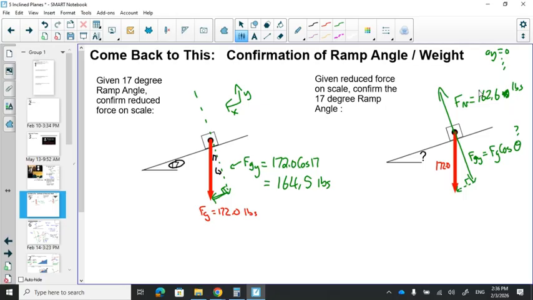If we're trying to confirm the angle, that is. So we put numbers in. Apologize here, the 172.0 is the gravity itself. So let me go down a little bit here, 172.0 cosine of theta, right? So that's my FG. And then my FGY component is that reduced 162.6.